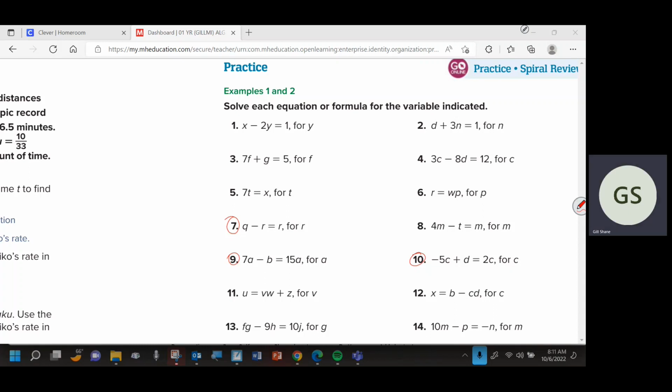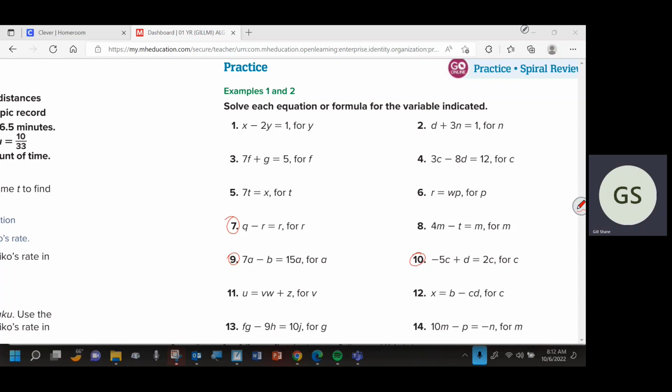I'll work my way back over there. What will we solve for? You can never have the same variable on both sides. That's fine. Don't worry about those, the ones I circled.